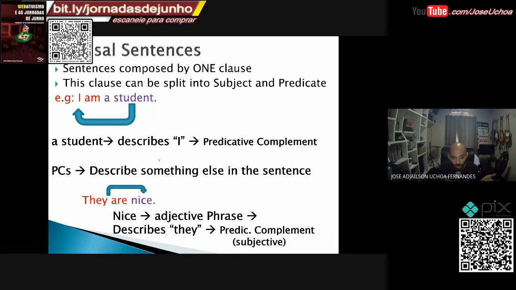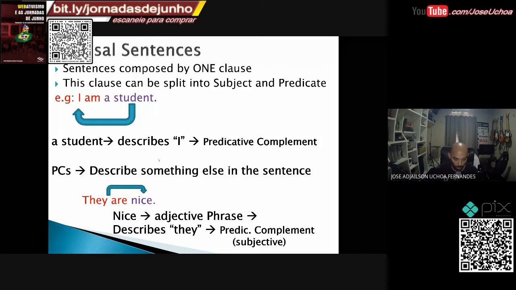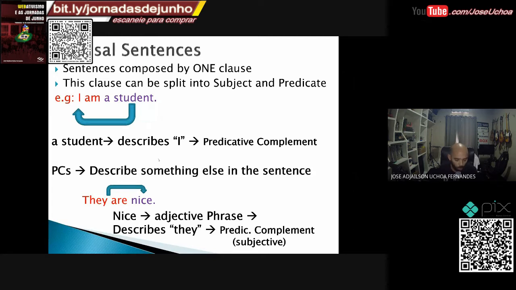I cannot detach the pronoun she and the word actress, because both of them refer to the same person. Okay, so I say it's a predicative complement. Okay, an actress is a noun phrase playing the role of a predicative complement, of describing back the subject. Okay, is it clear the difference now between object and predicative complement?